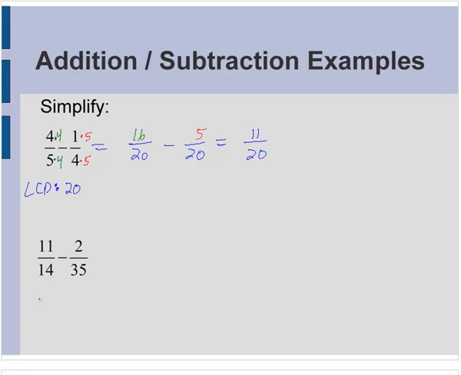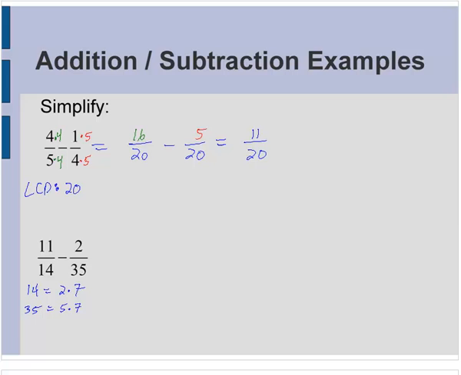11/14 and 2/35. This one's a little bit tougher. Try this one on your own before I do it. All right, so I'm going to use the factorization process here to find the LCD. 14 is 2 times 7, and 35 is 5 times 7.